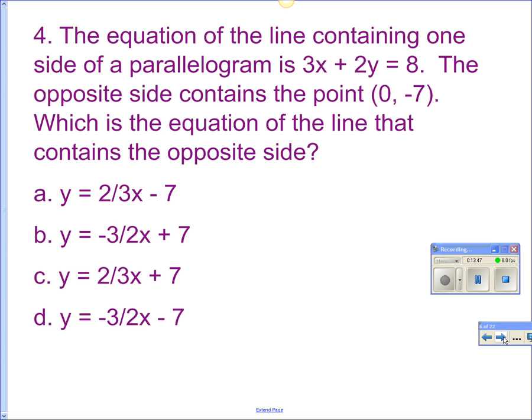All right, number 4. The equation of the line containing one side of the parallelogram is 3x plus 2y equals 8. The opposite side contains the point 0, negative 1. What is the equation of a line that contains the opposite side? Tamara, what's one thing I should do up here?